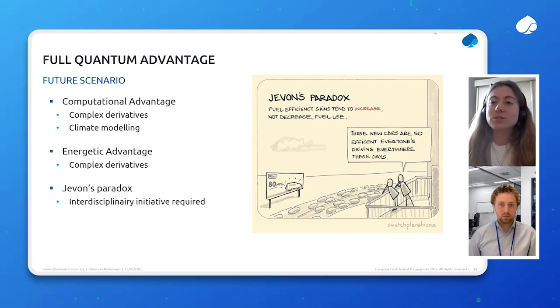And in order to avoid this, for the quantum computer, an interdisciplinary initiative is required, and some rules and regulations must be set up to ensure that quantum computer will be used for really this energy advantage, and not just higher efficiency and higher usage of this technology.